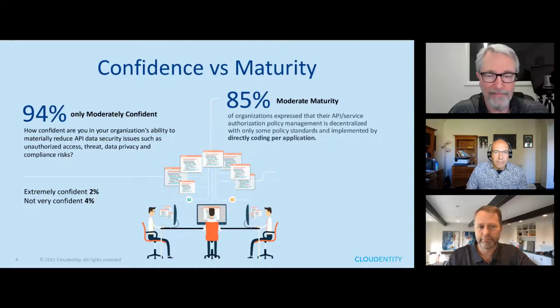And there might be a couple different ways. We say the data showed 94% being moderately confident. However, 85% expressed that their API service authorization policy management practices were decentralized, with only some policy standards that are directly hard-coded into each application.